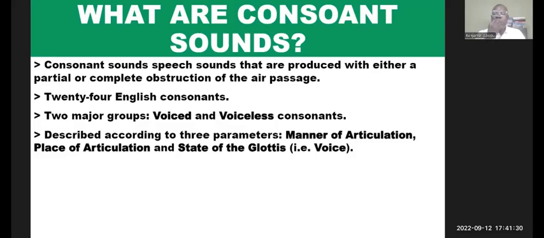Bilabial means we use our lips to produce this sound. And plosive means this is how we produce the sound, okay? And then talking about S, you see it is fricative. Fricative is the manner of articulation, okay?